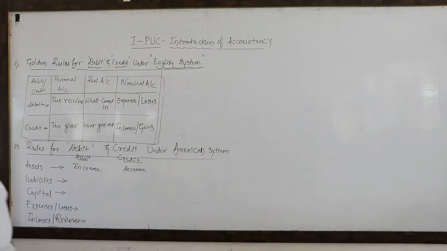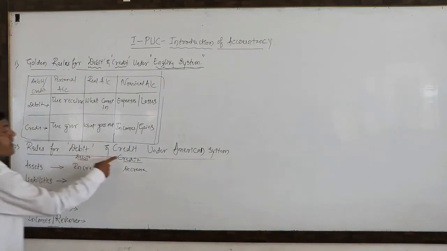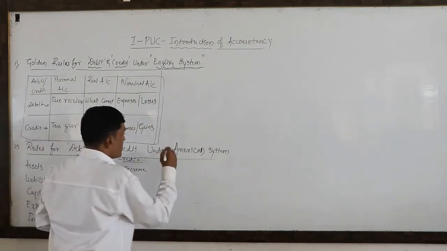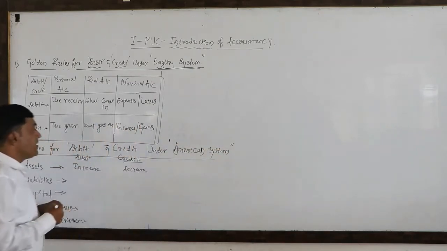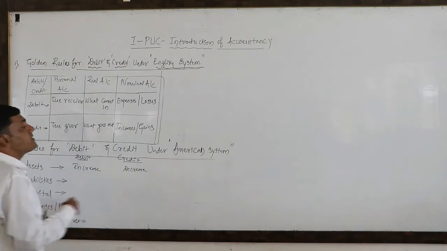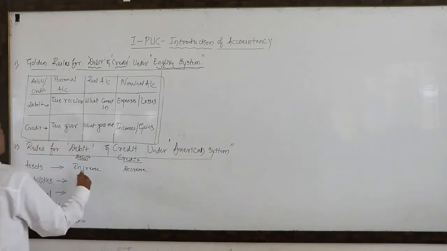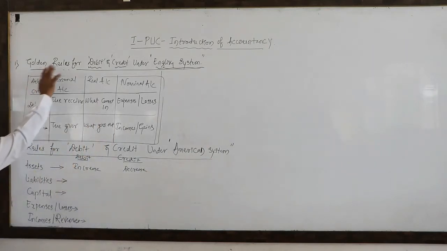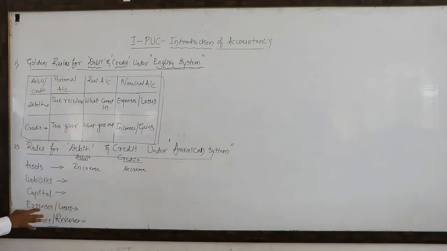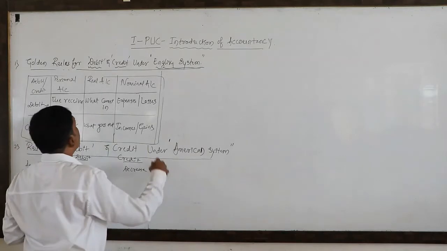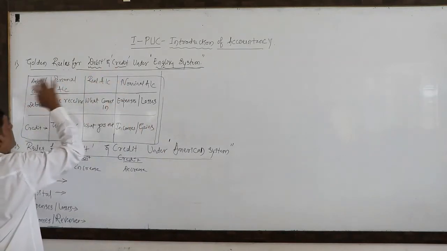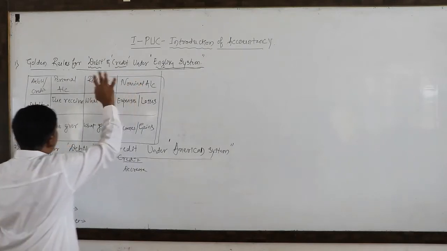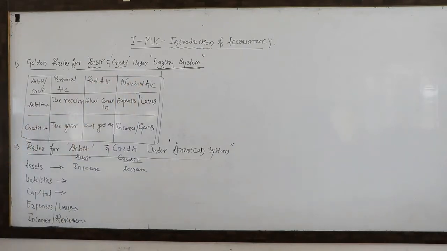The present rule for debit and credit is the American system, but it depends on this English system. That is the reason that before teaching the American system, I am very much interested to teach this rule of the English system.